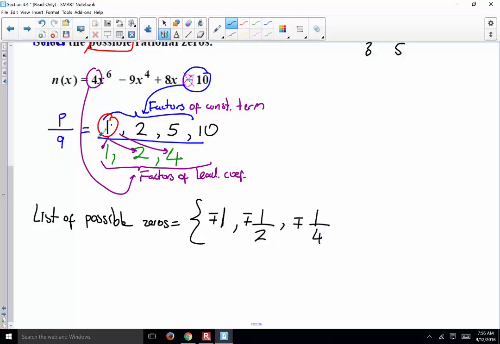We're done with the 1. Who's next? We are going for 2 now. 2 goes into 1, 2 goes into 2, 2 goes into 4. What is 2/1? 2/1 is plus minus 2. What is 2/2? You may put 2/2 here, but reduce it.